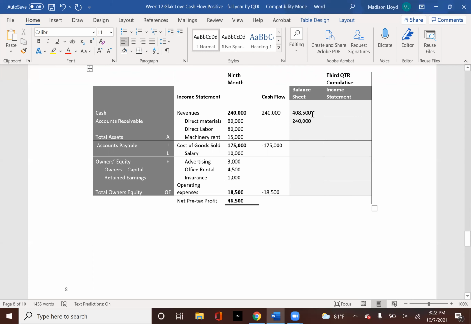Your total assets are going to be your cash plus your accounts receivable, $408,500 plus $240,000, $648,500. Okay. Accounts payable is going to be negative $175,000 because we have to pay off this month's cost of goods sold. Owner's capital is going to be always $75,000.